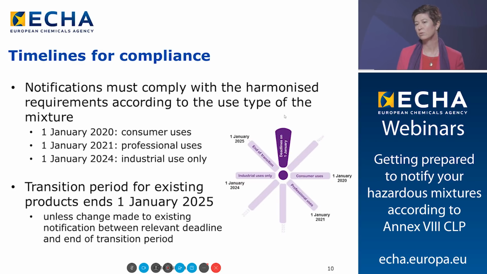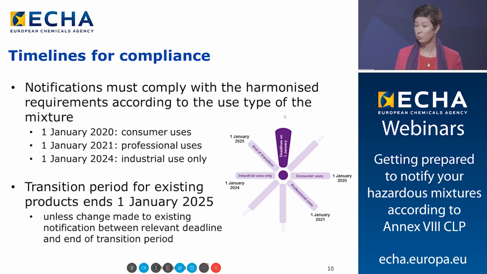Annex 8 also foresees a number of different deadlines by which the harmonised requirements must be adhered to, according to the use type of the mixture. For instance, if your mixture has consumer uses, then a notification must comply with Annex 8 as of January 2020.